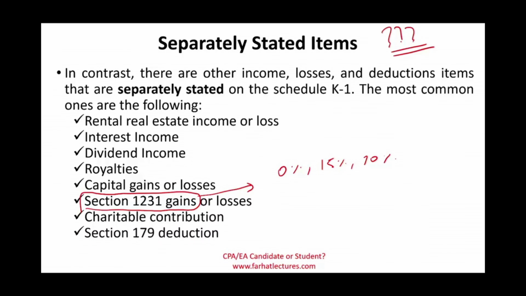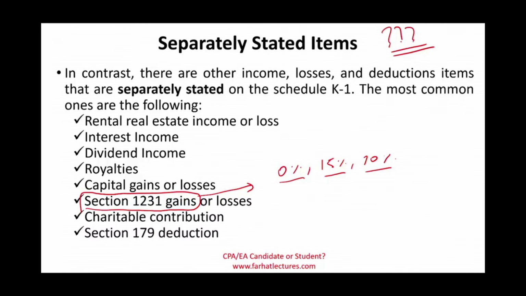Why is that separately stated? Because we don't want to include Section 1231 gains in the non-separately stated items where everyone gets the same share. That's not true, because each individual is taxed differently on these items. So that's why we report Section 1231 gains and losses separately.